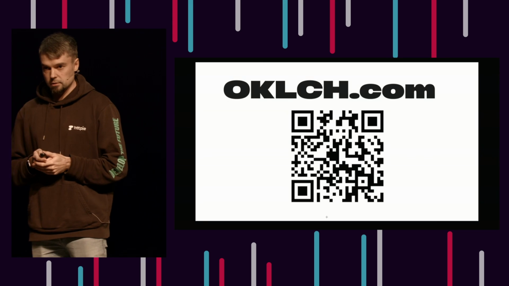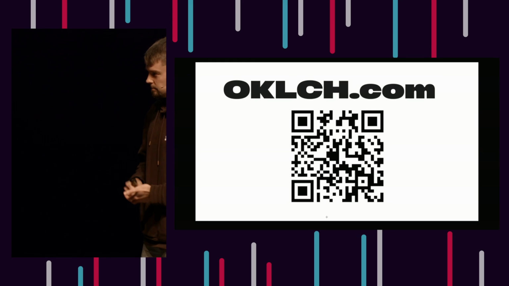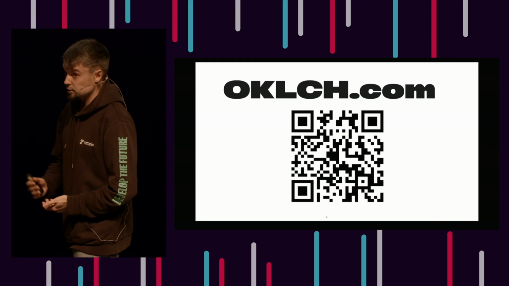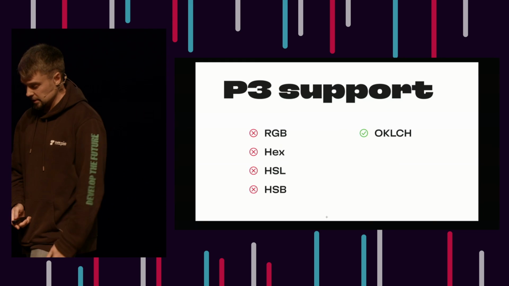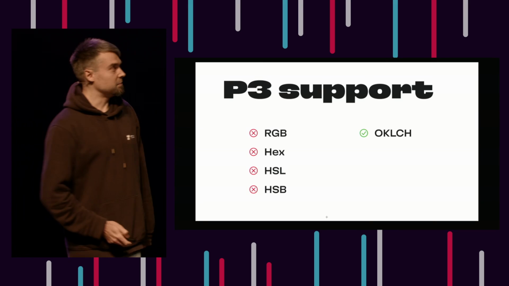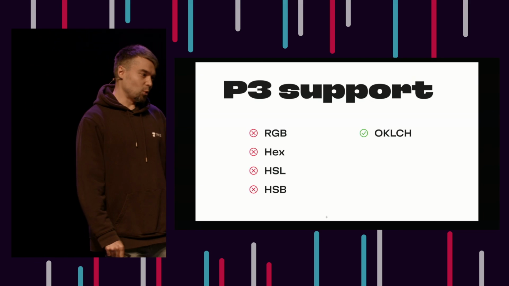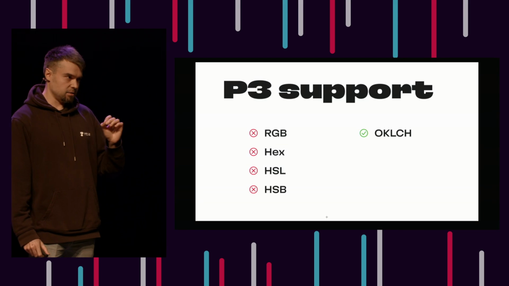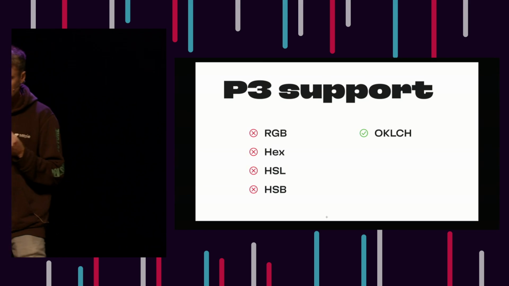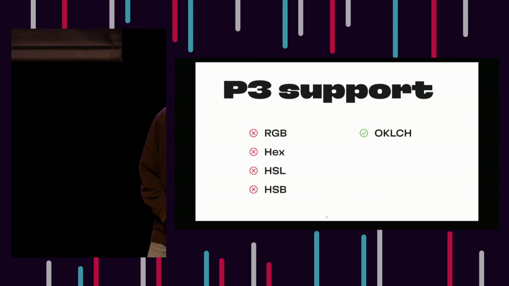This is a color picker my colleagues created for your convenient exploration of OKLCH, so please use it after this talk, I hope. And all modern smartphones and laptops have supported P3 colors for years.